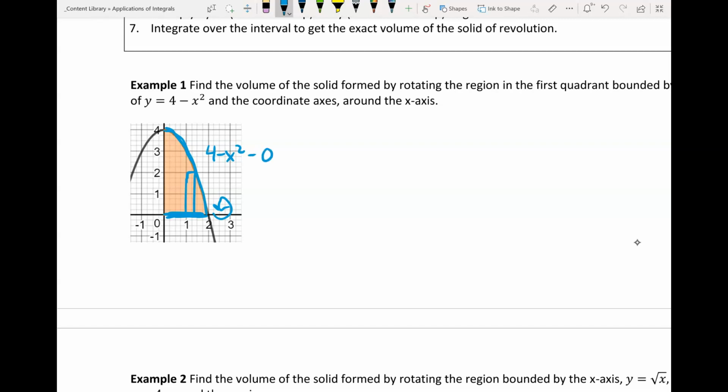So we want to find, it's almost like the top minus bottom that we've used when we're finding the area. So our top function is 4 minus x squared. Our bottom function is just y equals 0. So overall our r is 4 minus x squared.